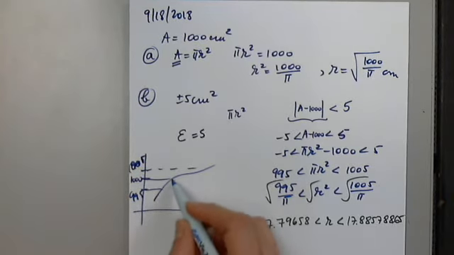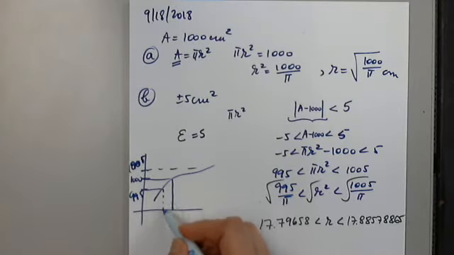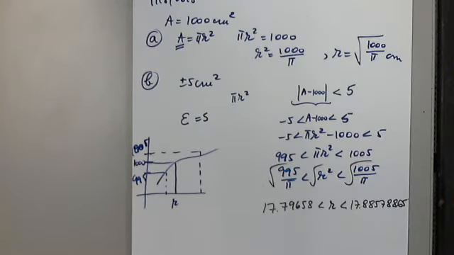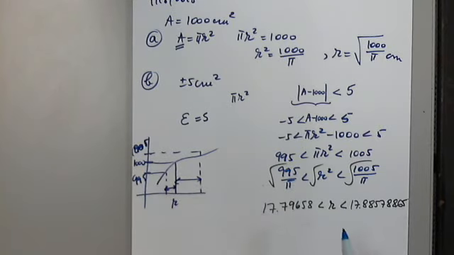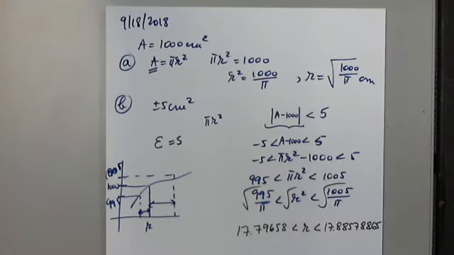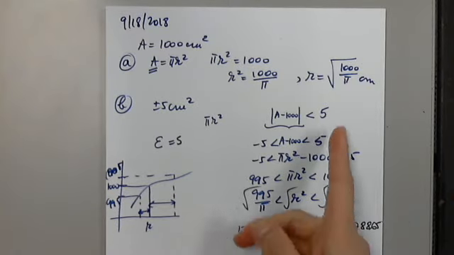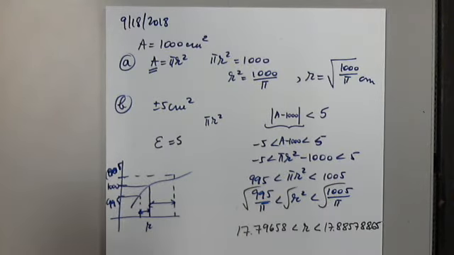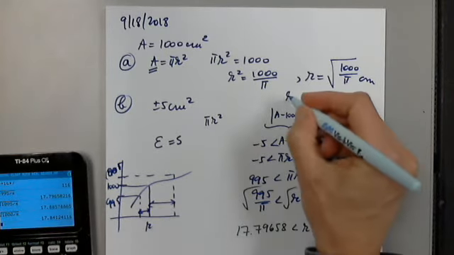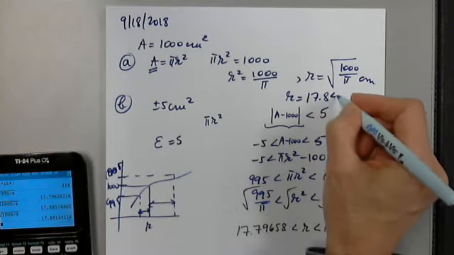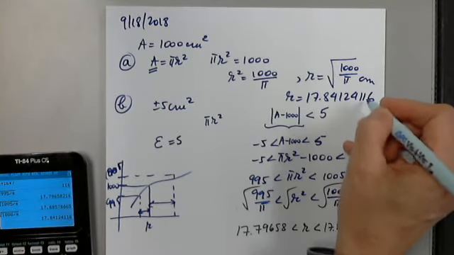What I'm saying is, this is one distance, and this is the other. Now, when I calculate r from the square root of 1,000 divided by pi, I get r equals 17.84124116.